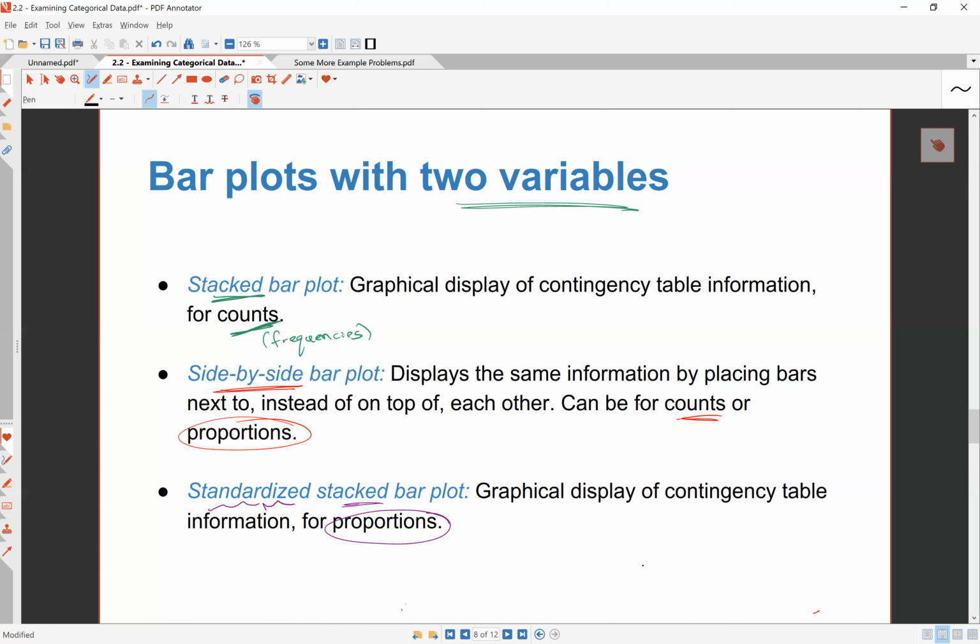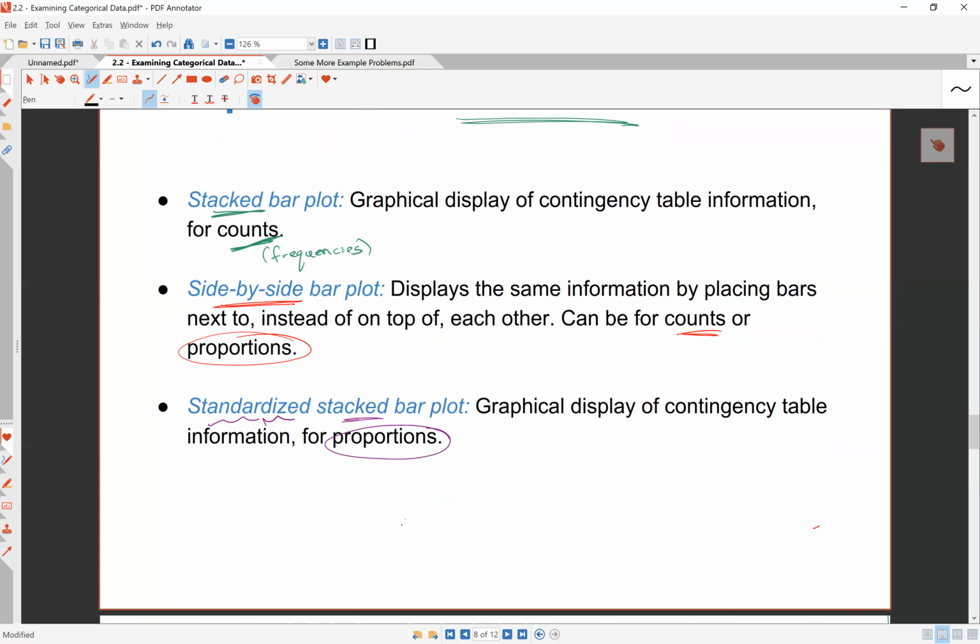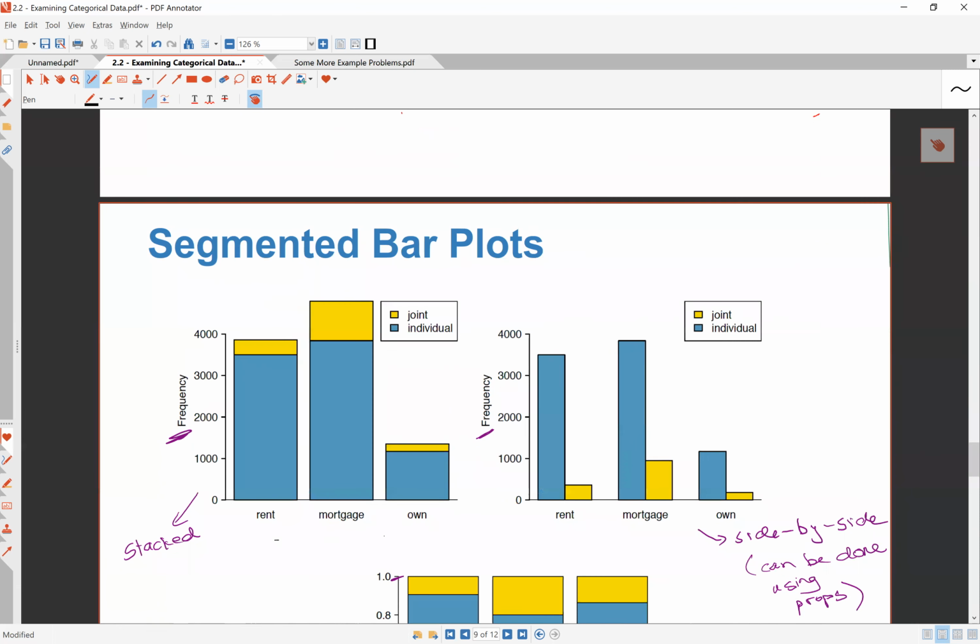Now, if we visualize these, we talked about 3 different plots. A stacked bar plot just means you decide, are you working with the rows or the columns? And then if you're working with the columns, you take all the different row categories and stack the bar heights for those on top of one another. So that's this first example here. In the table that we were working with, the current home ownership status was the column variable.